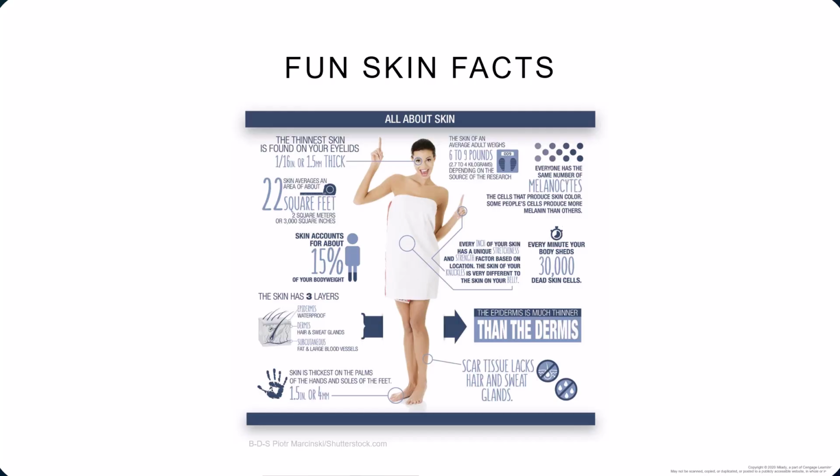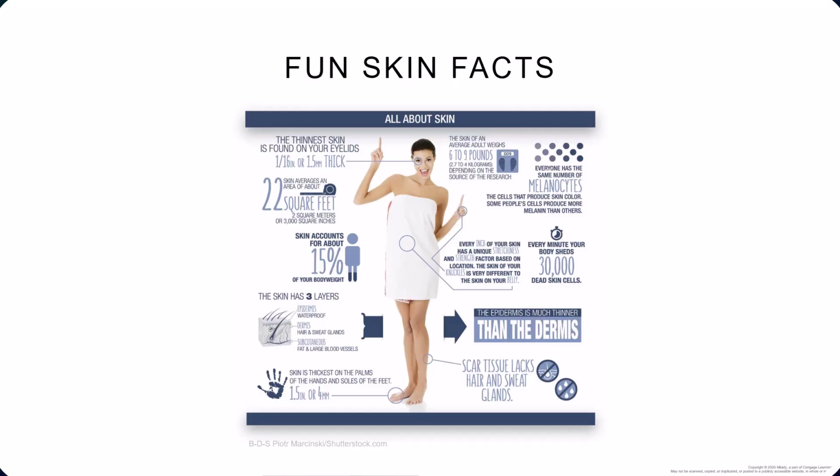The skin has 3 layers: the epidermis, which is waterproof, the dermis, which contains our hair and sweat glands, and the subcutaneous, which is the fat and large blood vessels. Skin is the thickest on the palms of our hands and also the soles of our feet. The skin of an average adult weighs 6 to 9 pounds, depending on the source of the research.